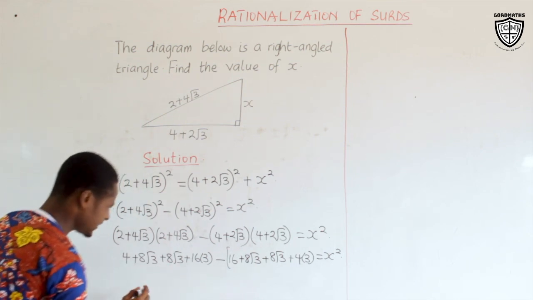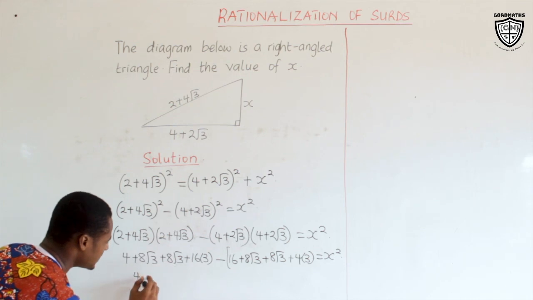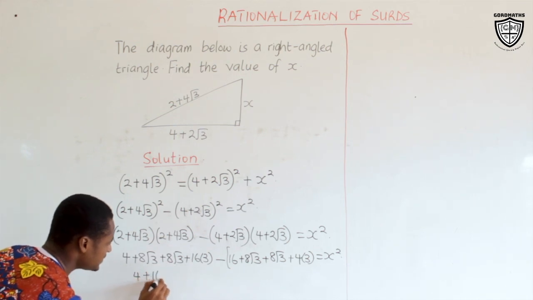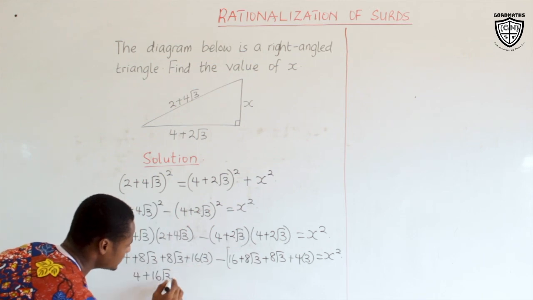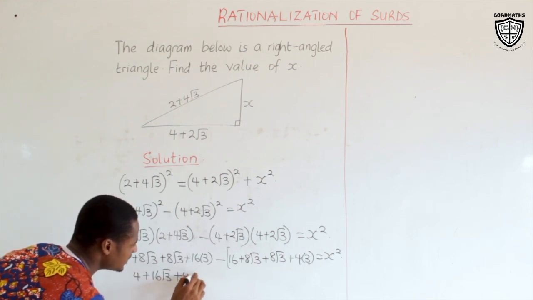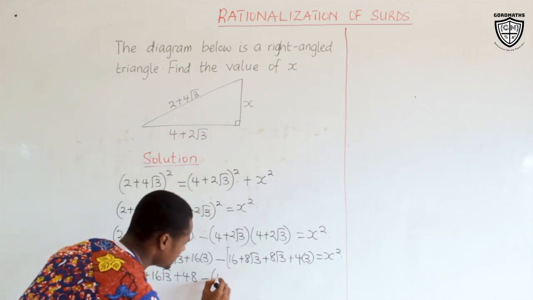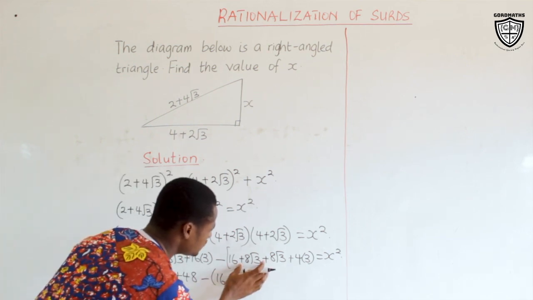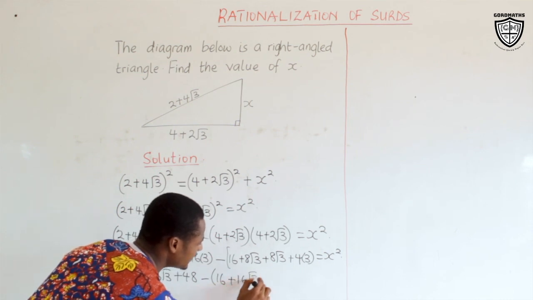Then in simplifying this, we will have 8 root 3 plus 8 root 3 is 16 root 3. Then 16 times 3 is 48, minus, we have 16. 8 root 3 plus 8 root 3 gives 16 root 3.